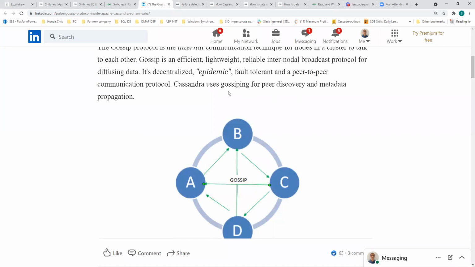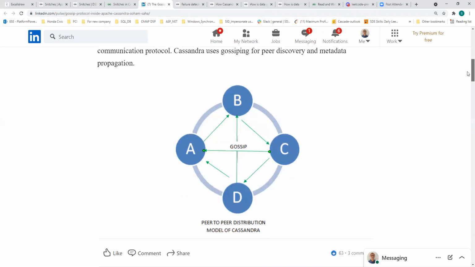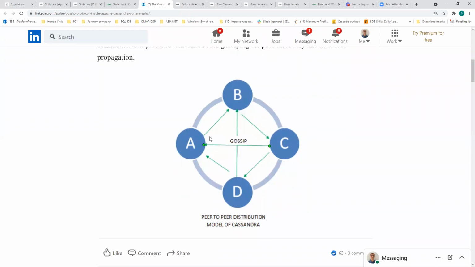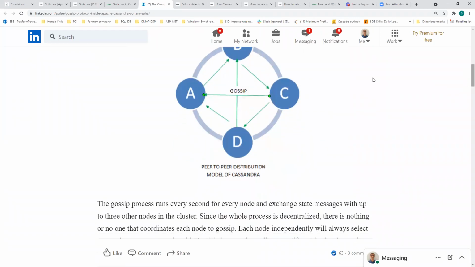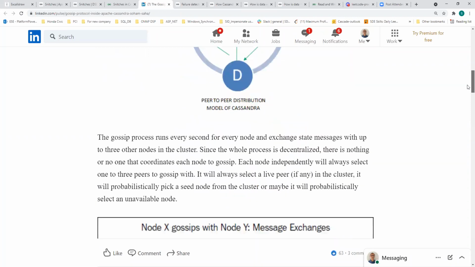Cassandra uses gossiping for peer discovery, metadata propagation, and all that stuff. Here is an example: if we have these 4 nodes gossiping with each other, these are the ways it can happen. It can go to each and every node in any direction, but this is very lightweight, so it's not going to consume a lot of network bandwidth.